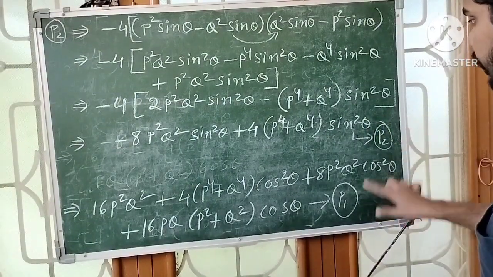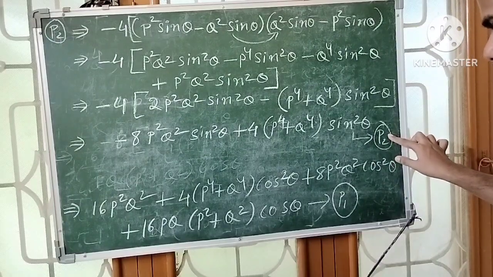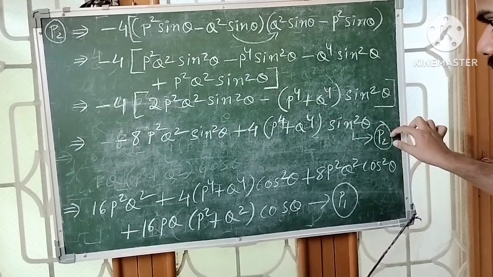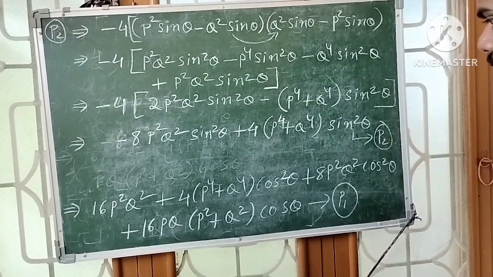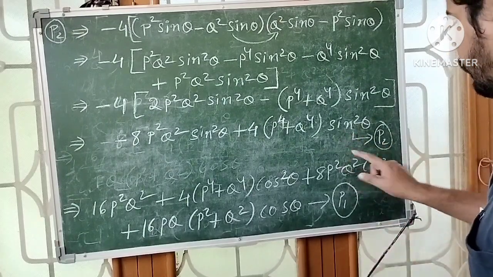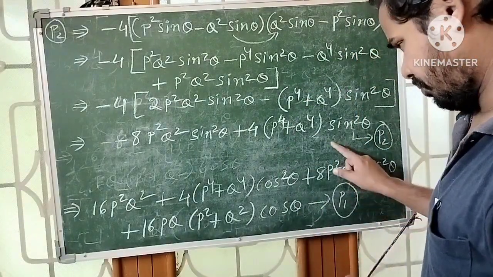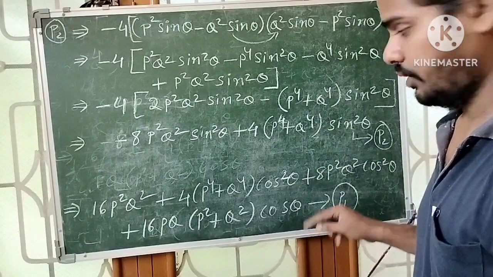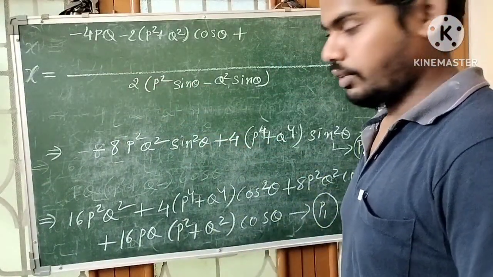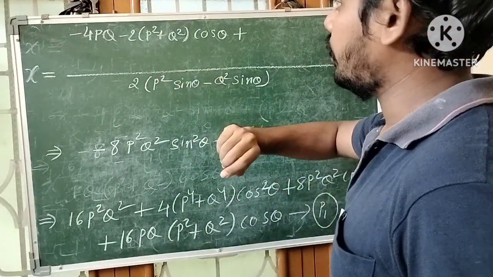This is part 1 expression and this is part 2 expression. Let's simplify further. Let us substitute these two expressions, part 1 and part 2, in the Sridharacharya equation, the quadratic formula.